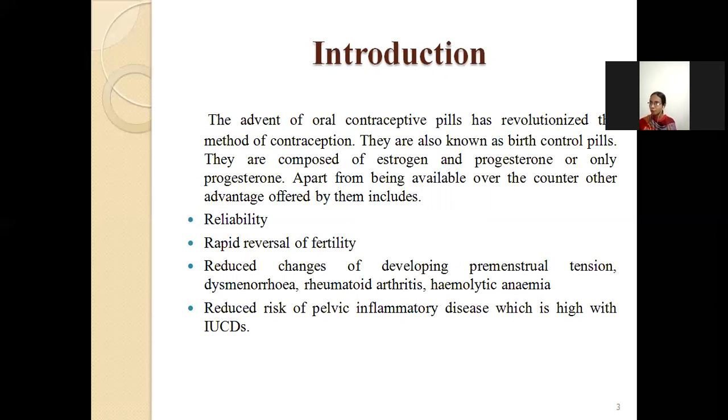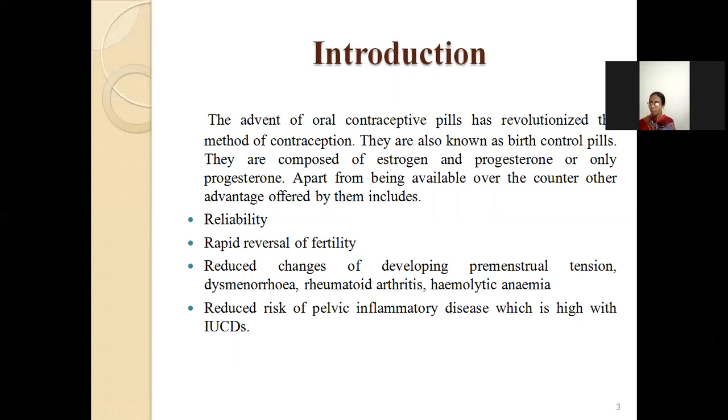Apart from being available over the counter, there are many advantages, like rapid reversibility of fertility, and reduced chances of developing premenstrual tension, arthritis and anemia. They also reduce the risk of pelvic inflammatory disease, which is high with IUDs.